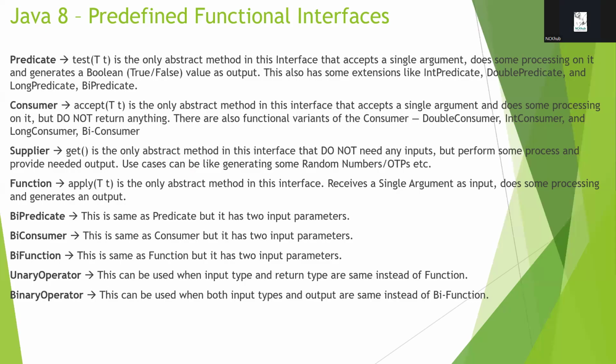Only one input argument. And what is the return type of the test method? It's a Boolean. So whenever you provide an implementation for a Predicate, you need to make sure that it processes only one input argument and the return type is a Boolean. Let us see an example for the Predicate now.